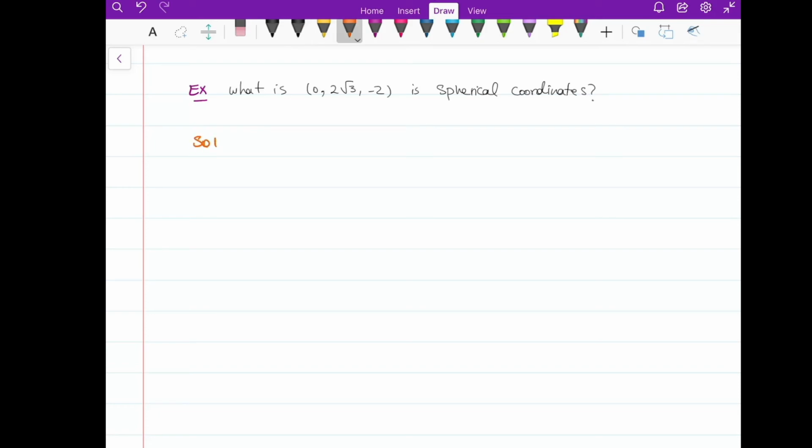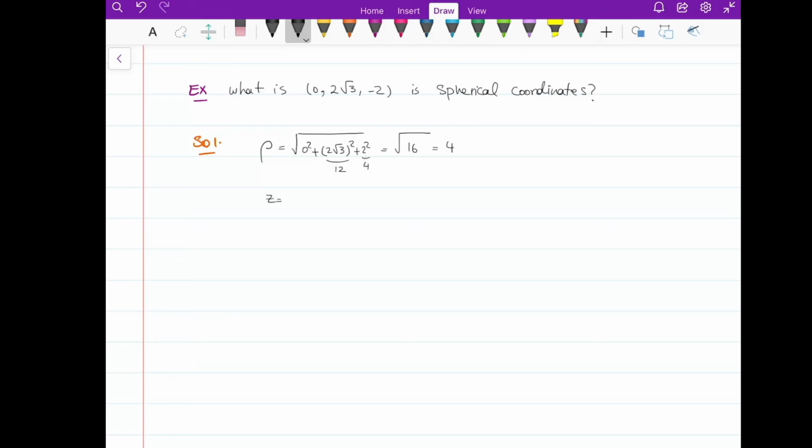Well, I need to find rho, phi, and theta. Rho is the distance from the point to the origin, which would be the square root of 0 squared plus (2 root 3) squared plus 2 squared, which would be what? This is 4. This is 12, so it's the square root of 16, which is 4.